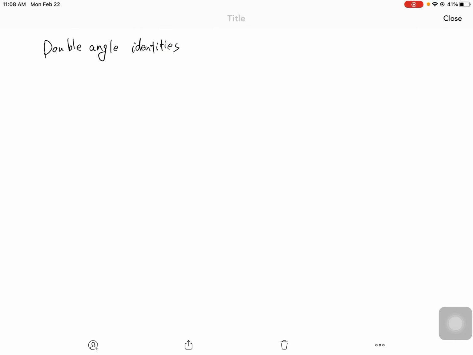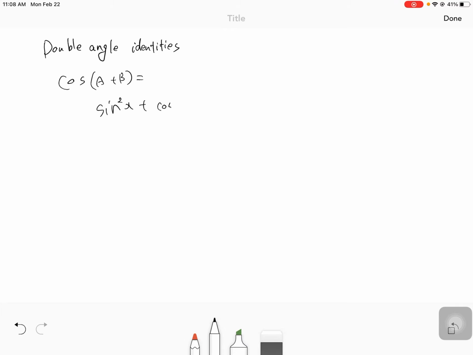So let me summarize double angle identities again. Actually, you don't need to remember much. What you have to memorize is the sum and difference identities, and this equation, sine square x plus cosine square x is equivalent to 1.